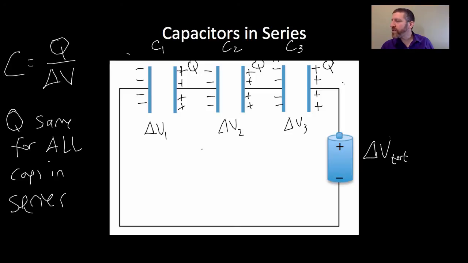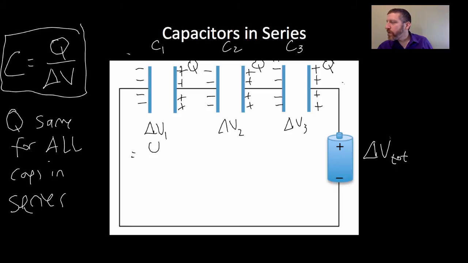We know that Q is the same for each, so I'm just going to express it like this. Delta V1 can be expressed using this equation. How can we express delta V1? Well, that's simple. Delta V1 is just Q over C1.